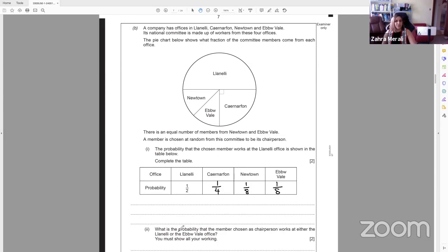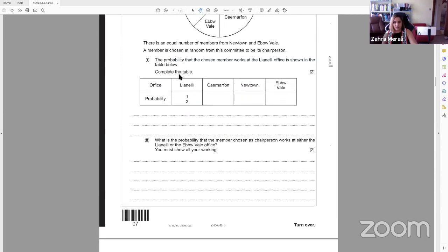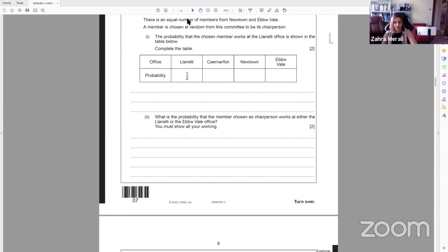Then it says, what is the probability that a chosen member, so if I clear that and scroll that up, so you can see the question. So we had a quarter, an eighth, an eighth. What is the probability that a member chosen as chairperson works at either L or E?